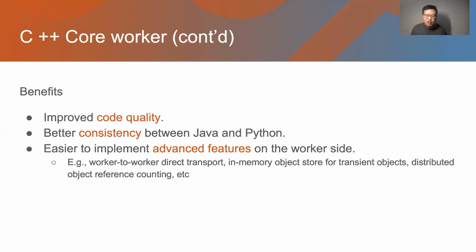And we've also implemented reference counting for the distributed objects to improve Ray's memory management. And last but not least, another benefit is that it makes it easier for us to support new languages in Ray in the future.